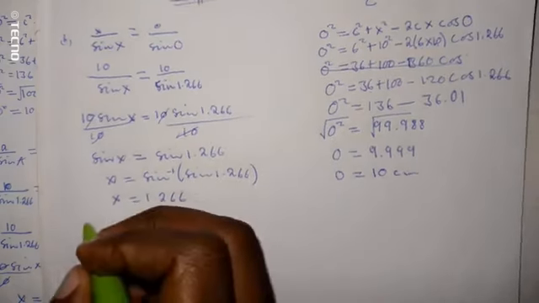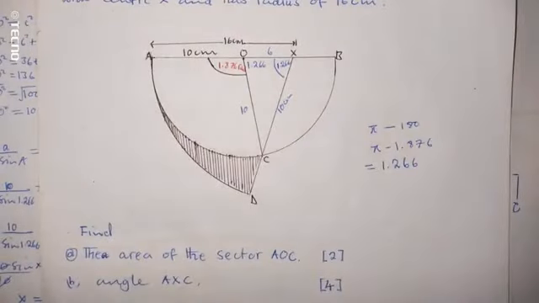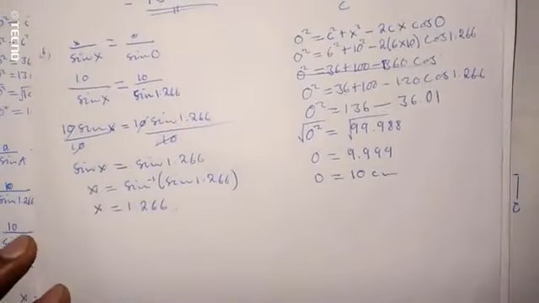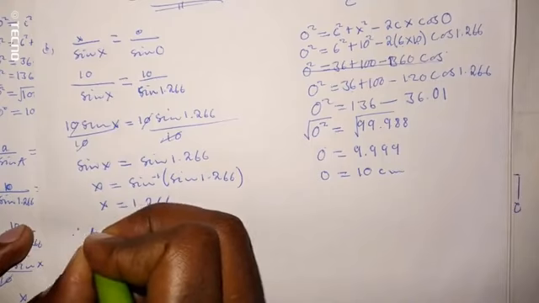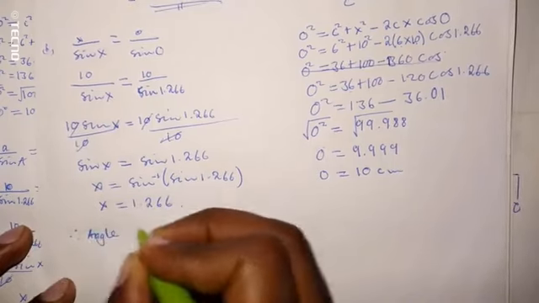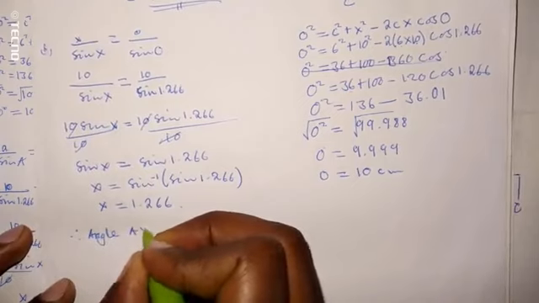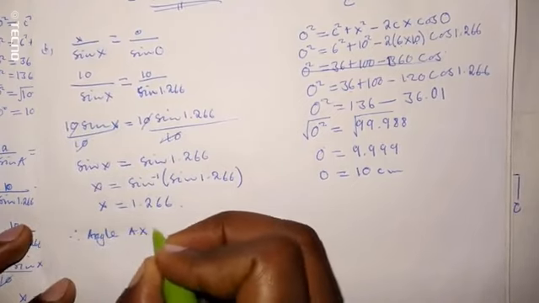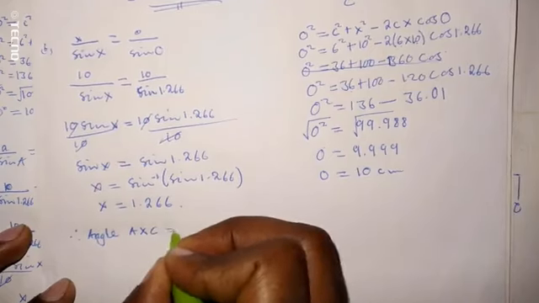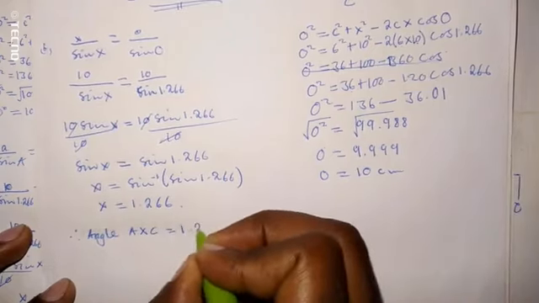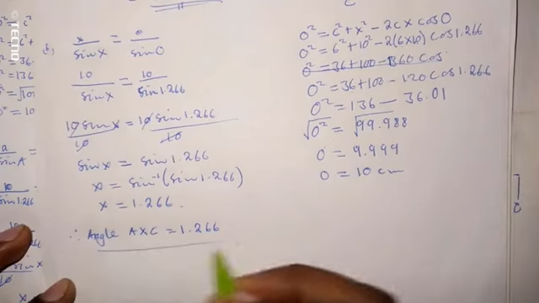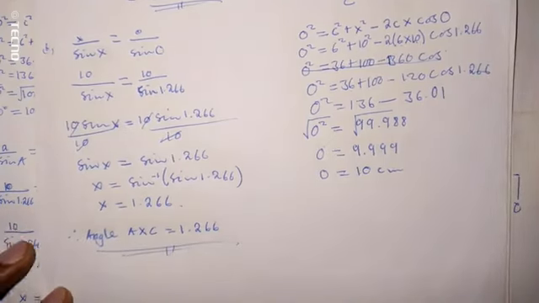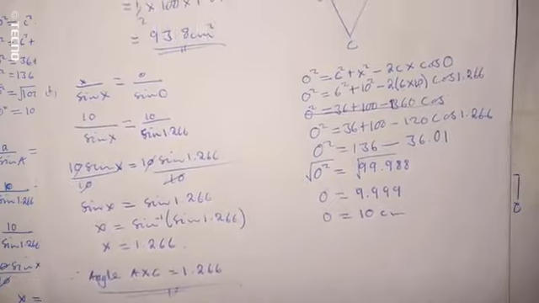So we are saying the angle AXC is equal to 1.266. Okay, so this is the answer. Now we proceed.